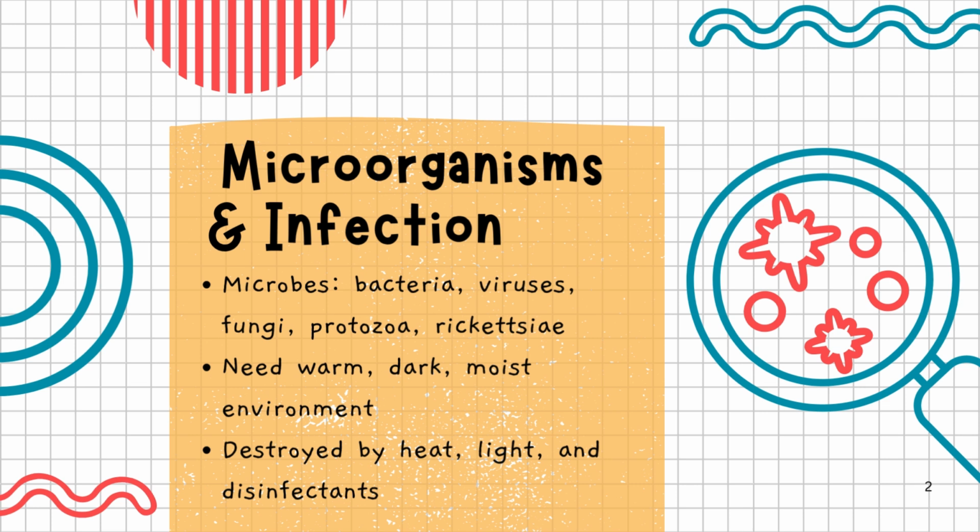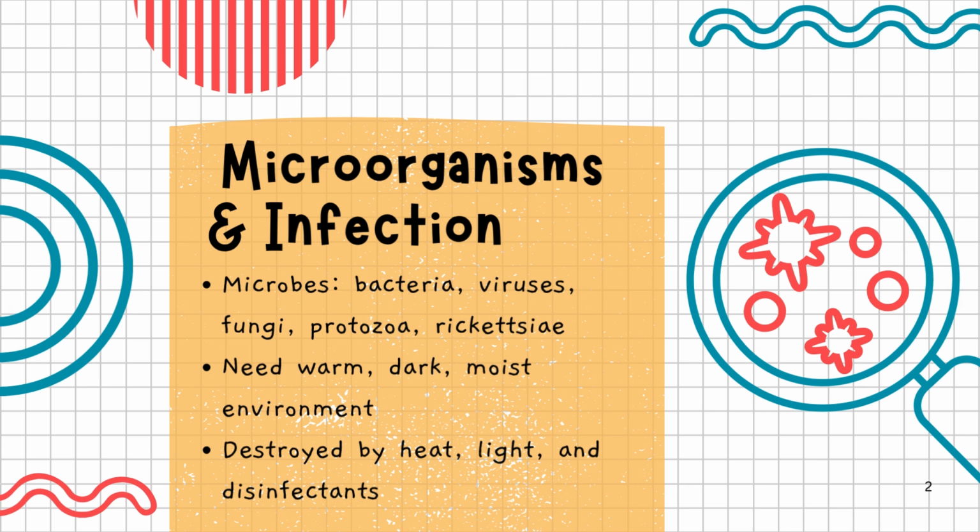Those are examples of viral infections. Fungi can infect the mouth, the skin, the vagina, feet, and other areas. Protozoa are one-celled animals that infect the blood. They can also infect the brain, intestine, and other body areas.